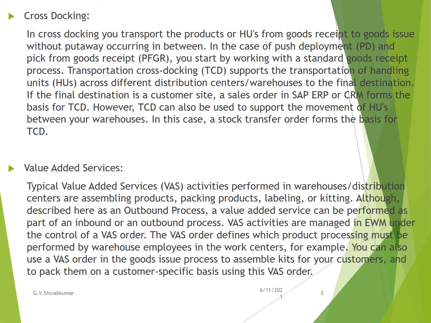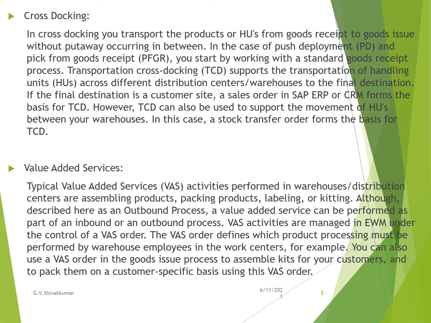So let's move on. Now we are discussing cross docking. You transport the product or HUs from the goods receipt to the goods issue without put away occurring in between. In the case of push deployment, that is PD, and pick from goods receipt, PFGR, you start by working with the standard goods receipt process.